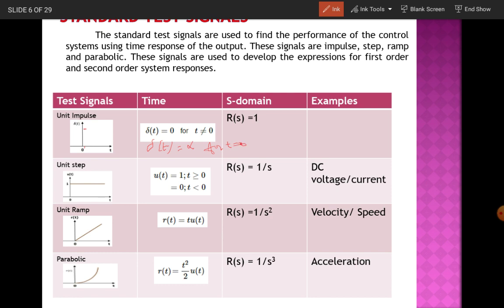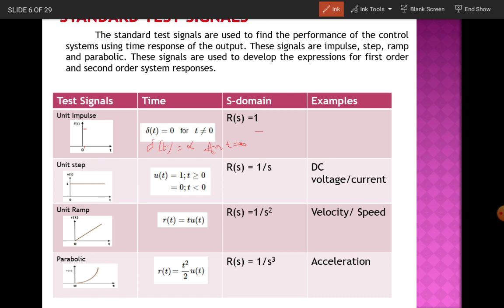So this signal exists only at the time of 0. After that, its signal vanishes very rapidly. Normally in practical systems, the signal magnitude will exist for about microsecond or nanosecond level. This signal in S domain, its value is R of S is equal to 1.